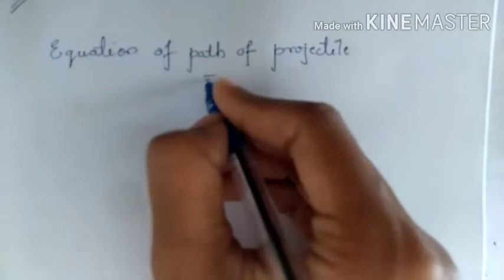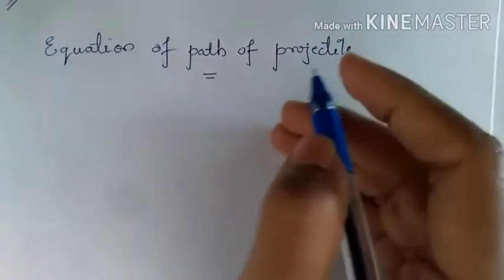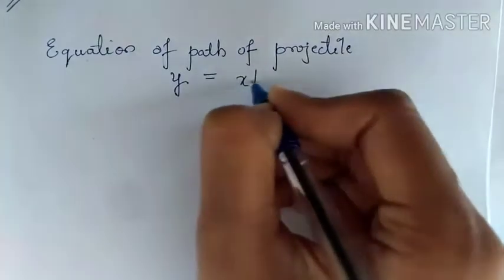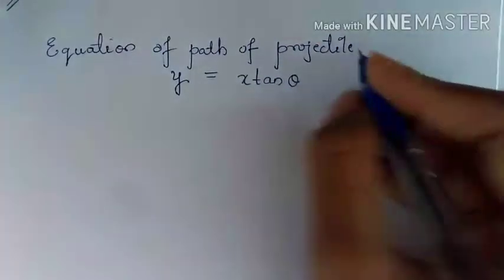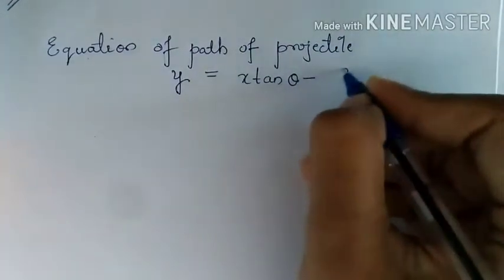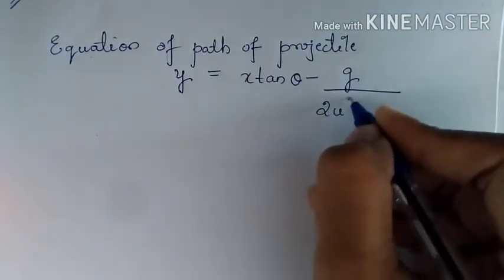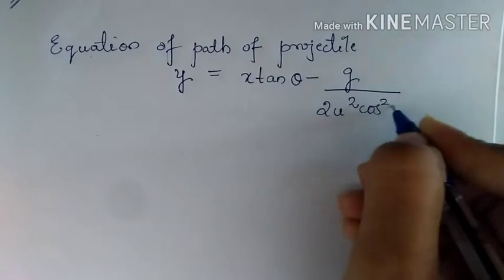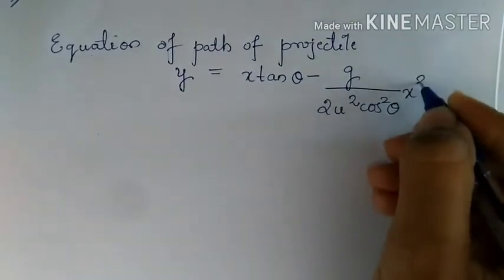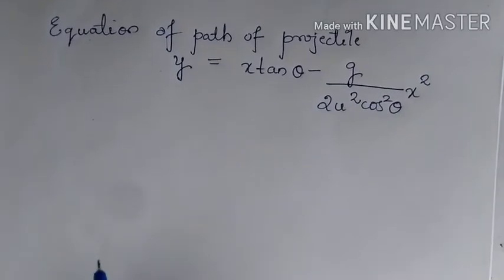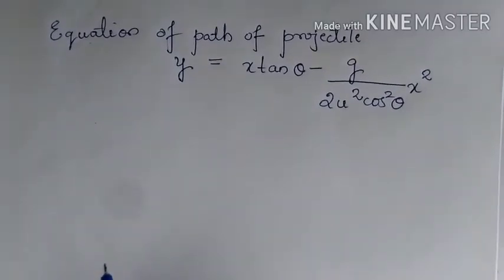For this we got the equation y = x tan theta minus g divided by 2u square cos square theta multiplied by x square. This is the first equation that we derived in our previous class.